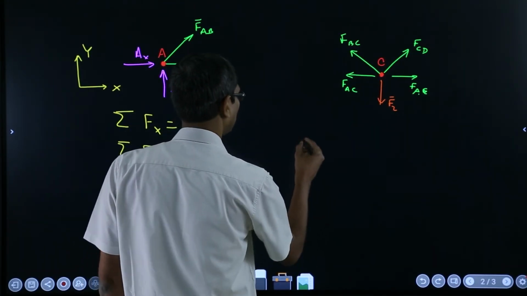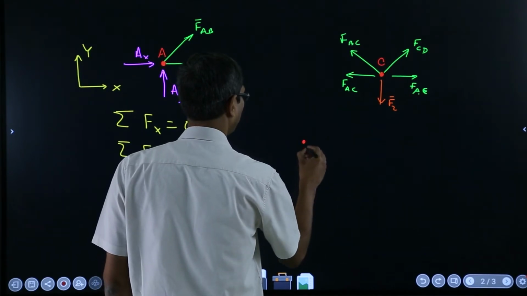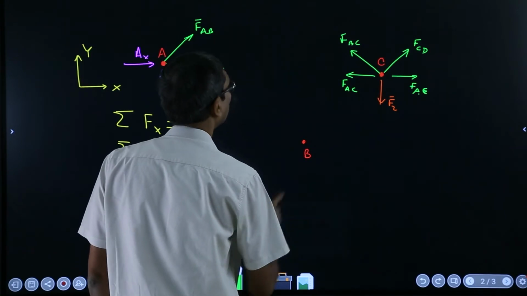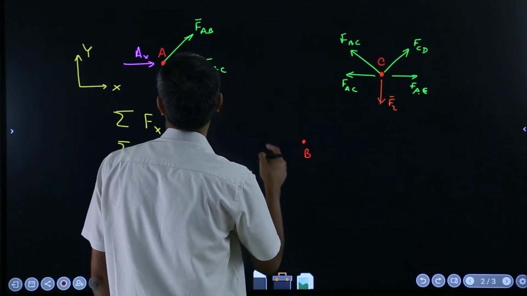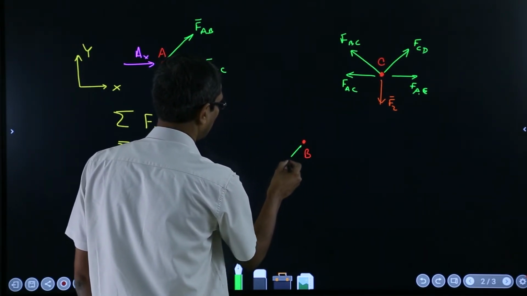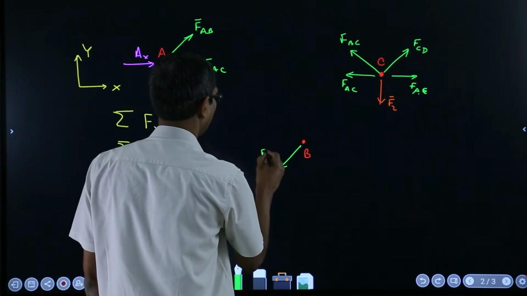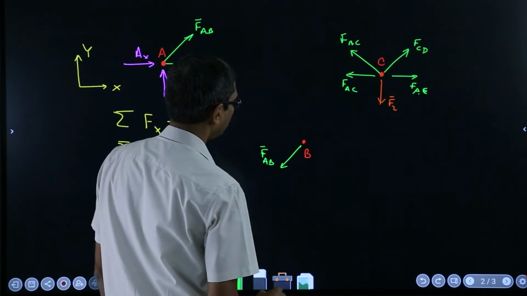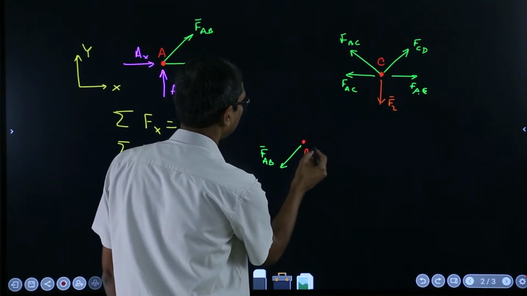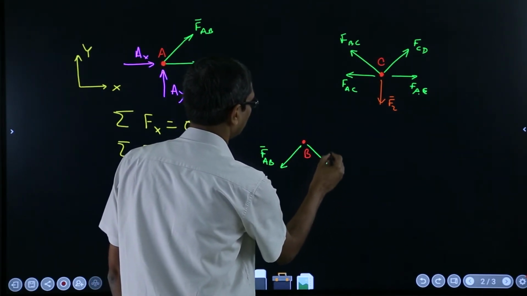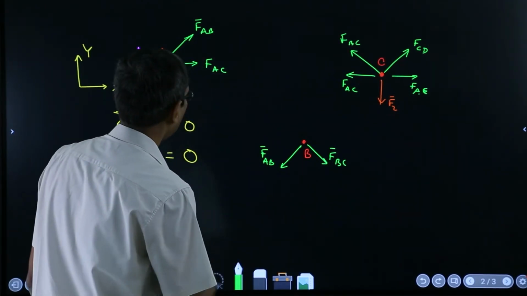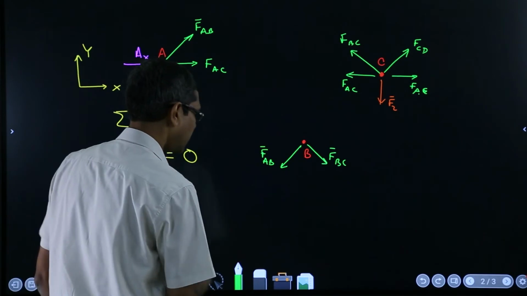So if I draw the free body diagram of point B, what are the forces which are acting? One is this FAB, fine, and FBC, fine. So those are the only 2 forces, right?